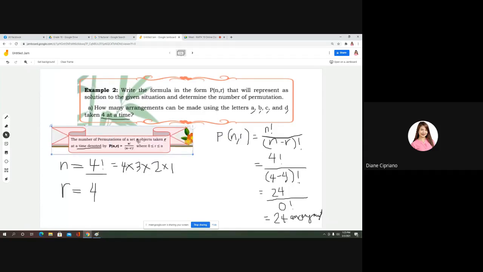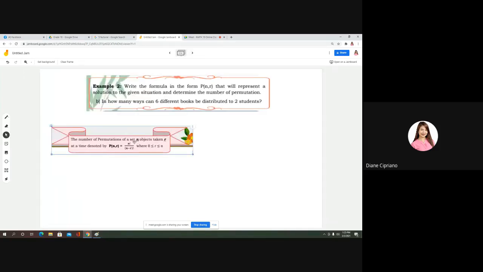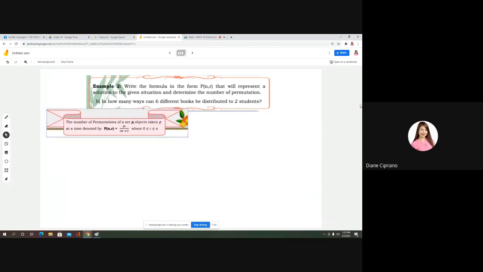Write the formula in the permutation form that will represent a solution to the given situation and determine the number of permutations. So, what is our n, Janwell? In how many ways can 6 different books be distributed to 2 students?